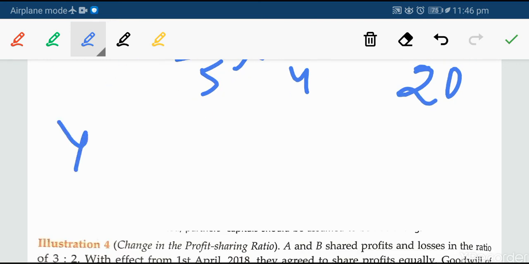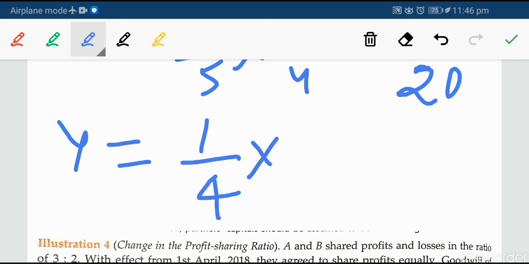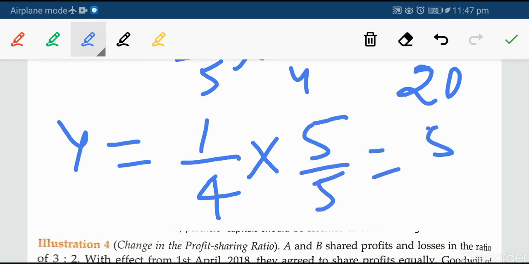For Y it was 1/4, so we multiply 1/4 by 5/5, and it comes to 5 by 20.